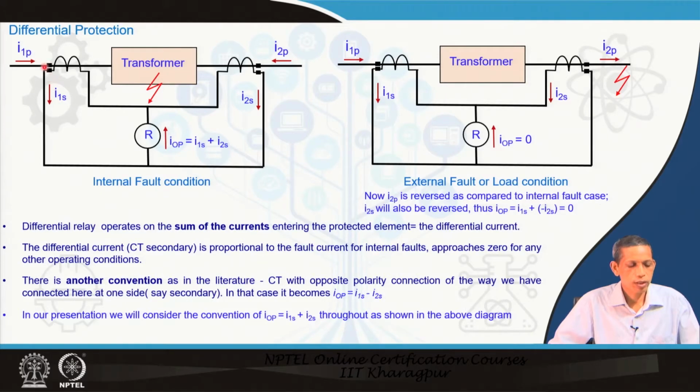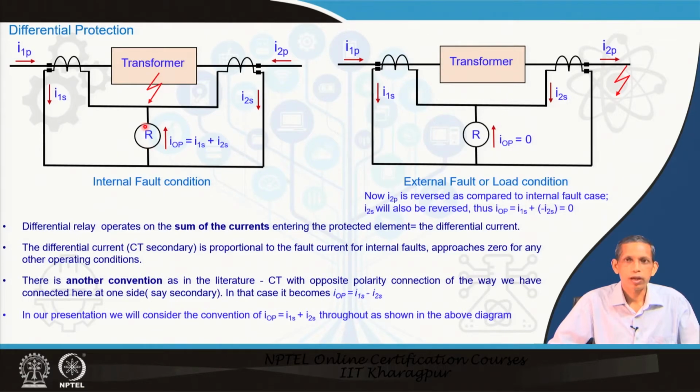Now, note how the corresponding CT is connected, that is the CT polarity on both sides; that matters. It determines what the corresponding current through this differential branch will be. This R stands for the relay.